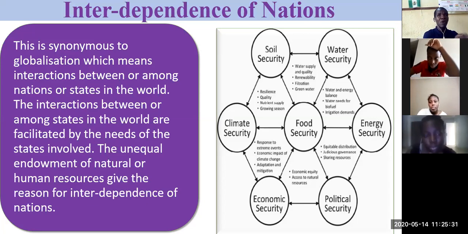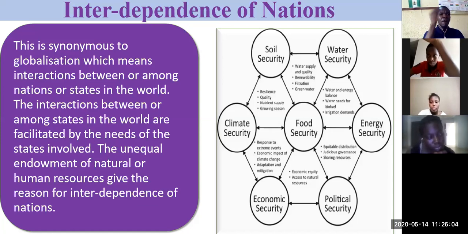And in the area you are not good at, you need to interact with other countries for you to get such things available for your country. And that interaction is benchmarked on your international relations. We will get to know better on this when we get to the foreign policy. You understand the objective of the foreign policy of every state, because what governs your interaction with other countries is based on what you want to achieve.